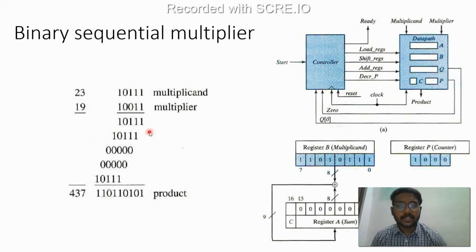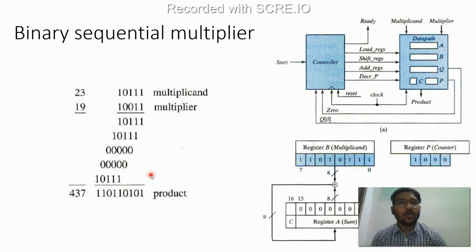Depending on the multiplier bit, if it is a 1, we just write the multiplicand down, and if it is 0, we put 0. It is not just writing the multiplicand, but we will be shifting the bits one bit to the left each time. This is the general process for doing a multiplication.